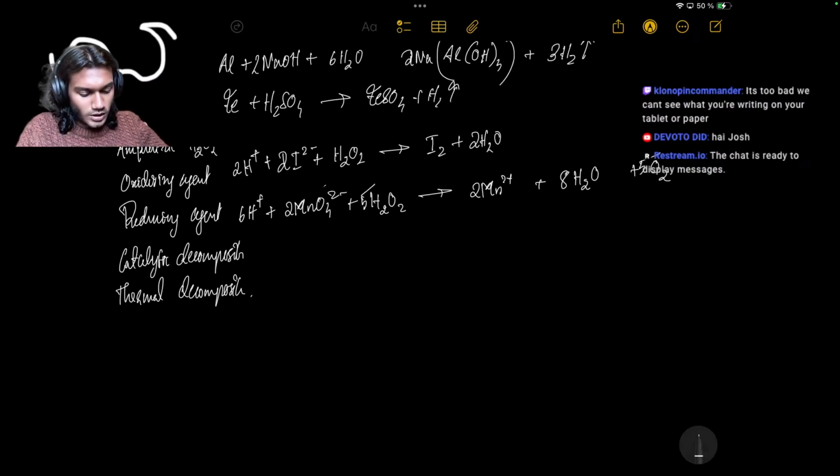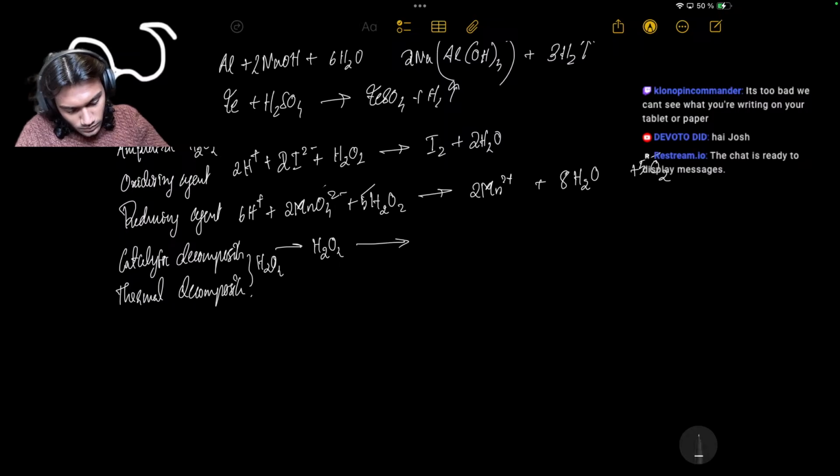That was correct. Now, catalytic decomposition of peroxide.